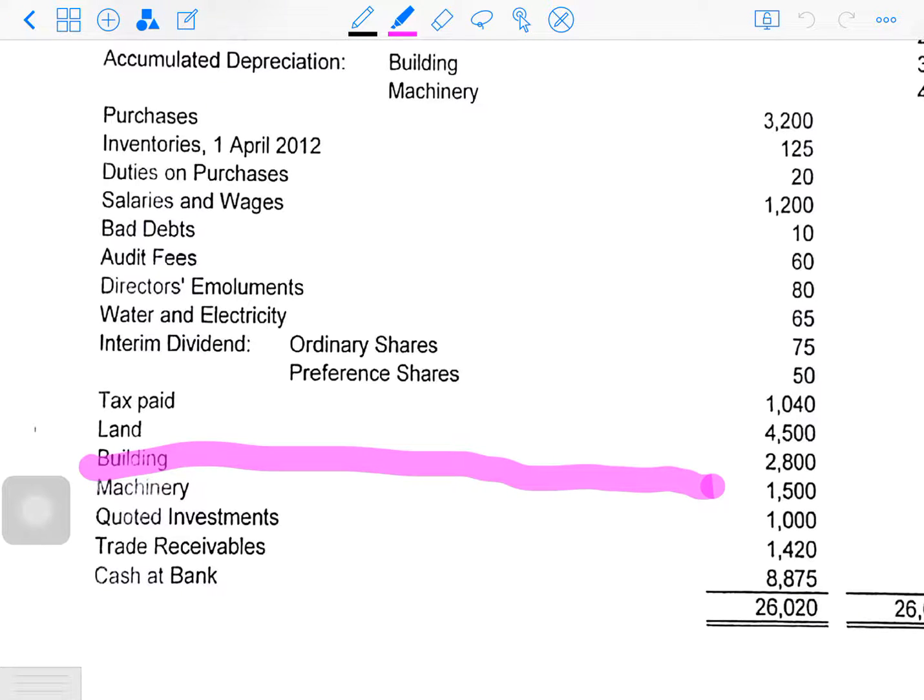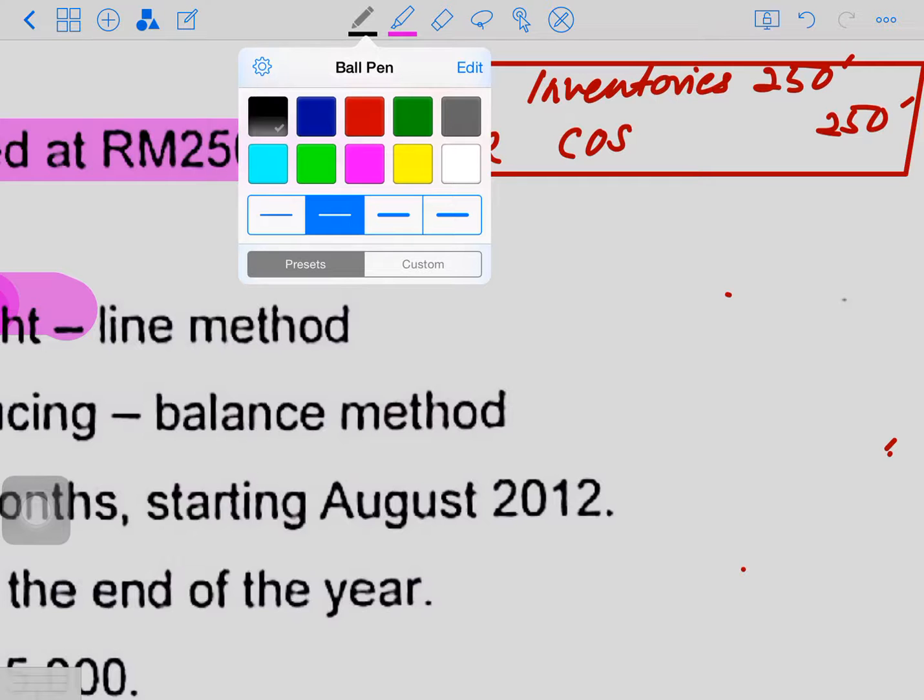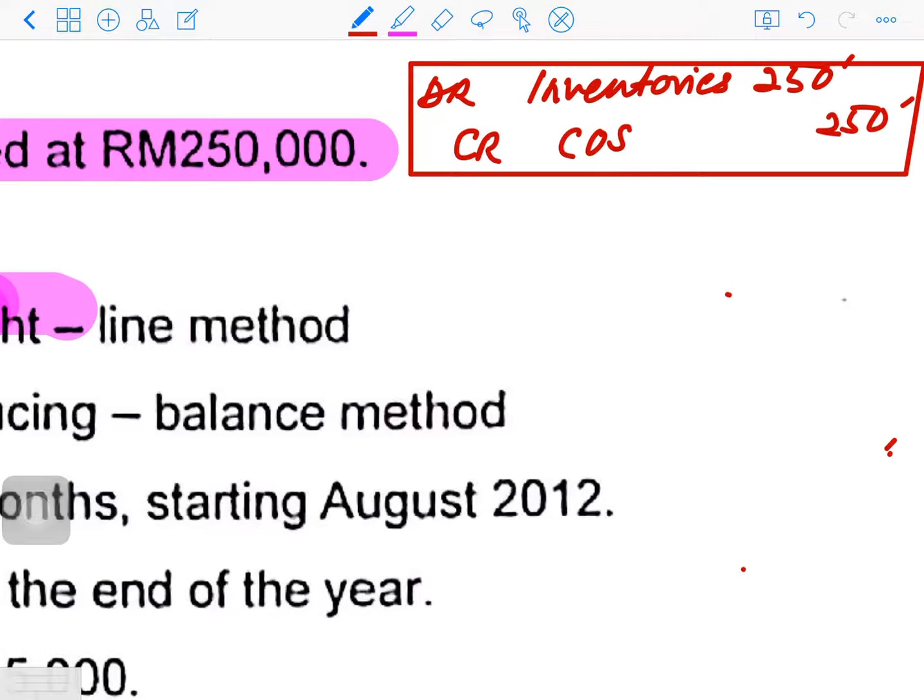So you have to calculate 5% of 2,800,000. The double entry should be a debit to depreciation expense.